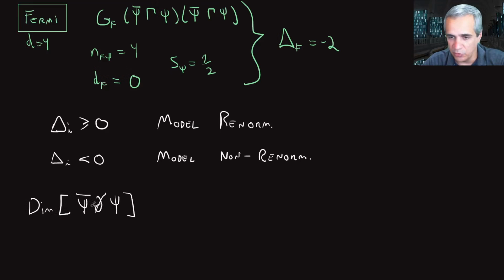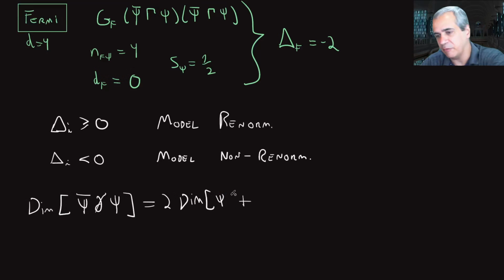So this is just twice the dimension of psi, because I have 2 powers of psi here, plus the dimension of the derivative, which is just 1, right? And that needs to be equal to the number of space-time dimensions, because remember, the action needs to be dimension 0, and that means the Lagrangian needs to have dimension d.